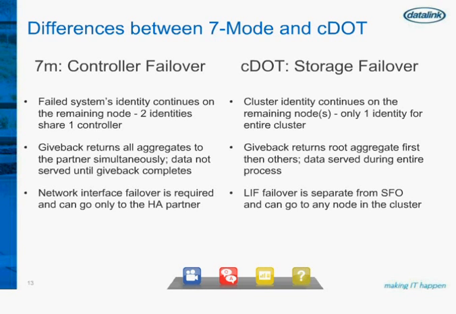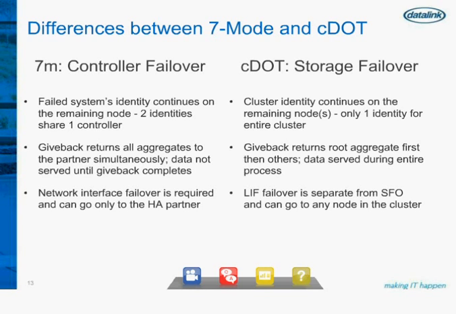You may choose to have LIF failover go to a completely different set of nodes based on other criteria that you can define. In a typical environment, usually we are failing over to the partner in the HA pair. That is certainly the kind of default position, and it's the easiest one to contemplate. But that is not the only option, depending on what makes sense for a particular environment.